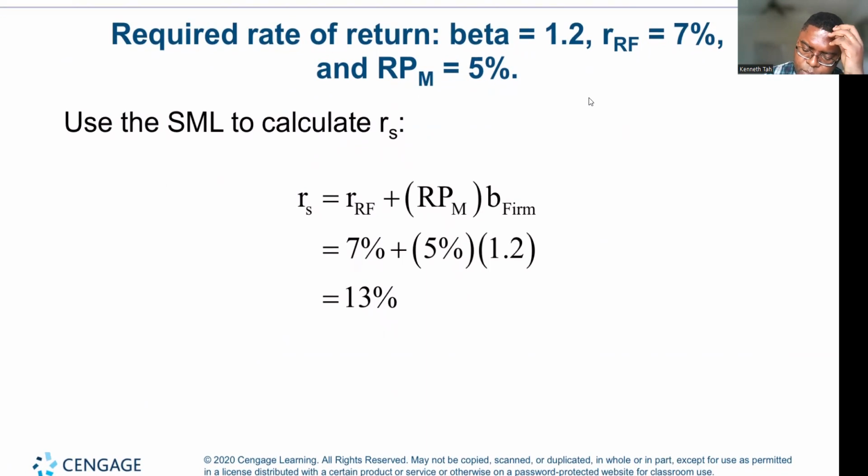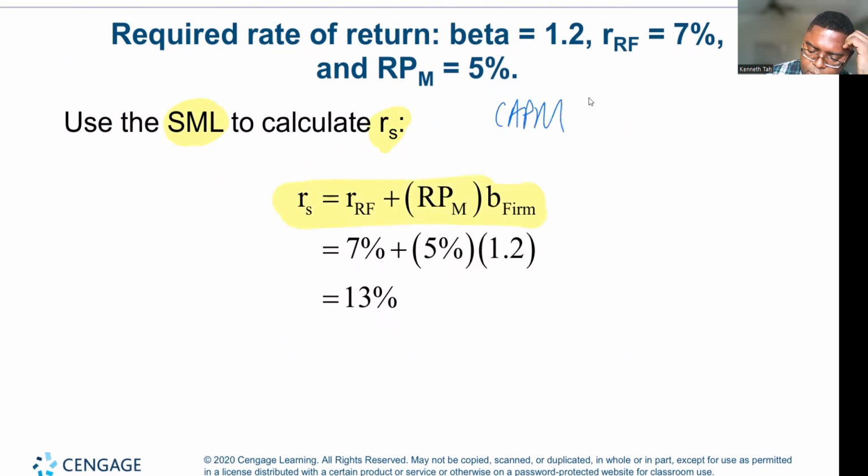But when we are using the dividend model, we are using the required rate of return. We go back to the security market line or capital asset pricing model, and that will help us calculate the required rate of return if not given.